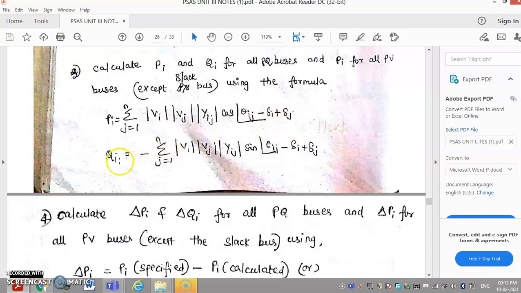Then for Qi, the reactive power of the ith bus, the formula is minus summation of j equal to 1 to n of modulus of Vi, modulus of Vj, modulus of Yij, sine of (theta ij minus delta i plus delta j).